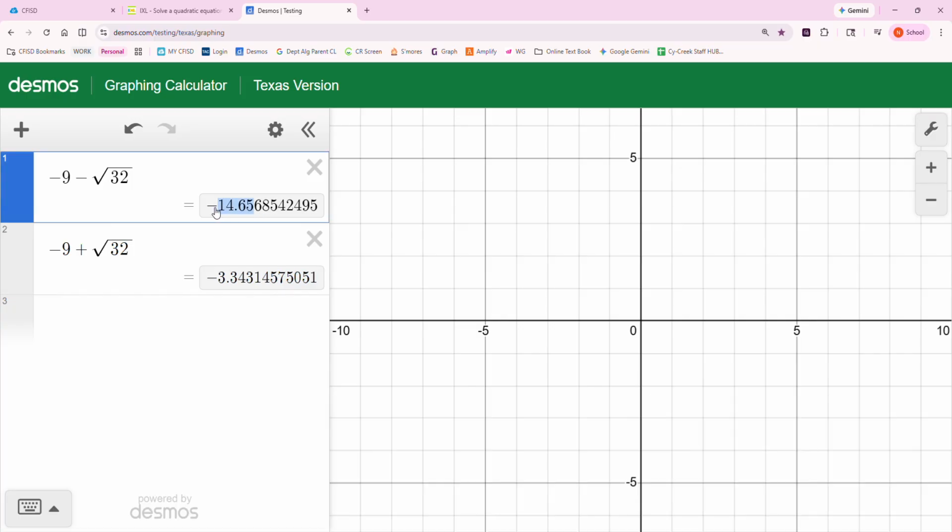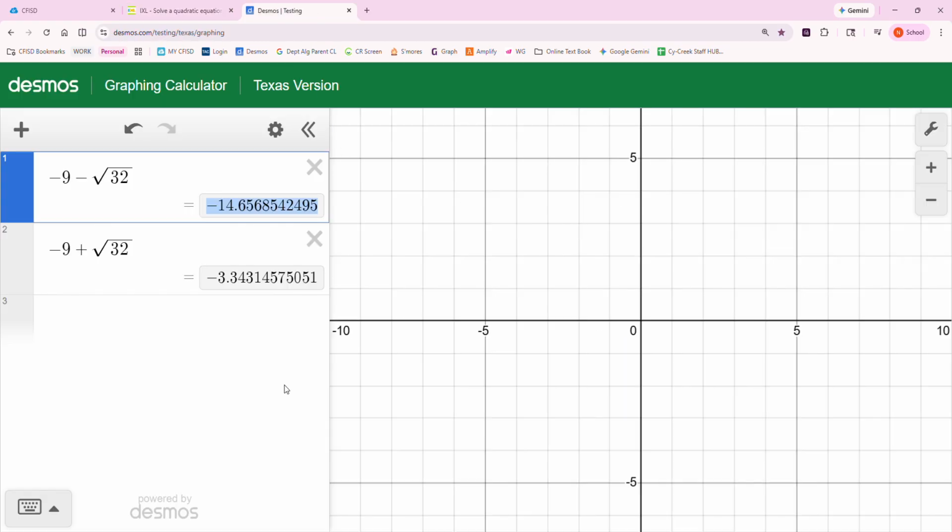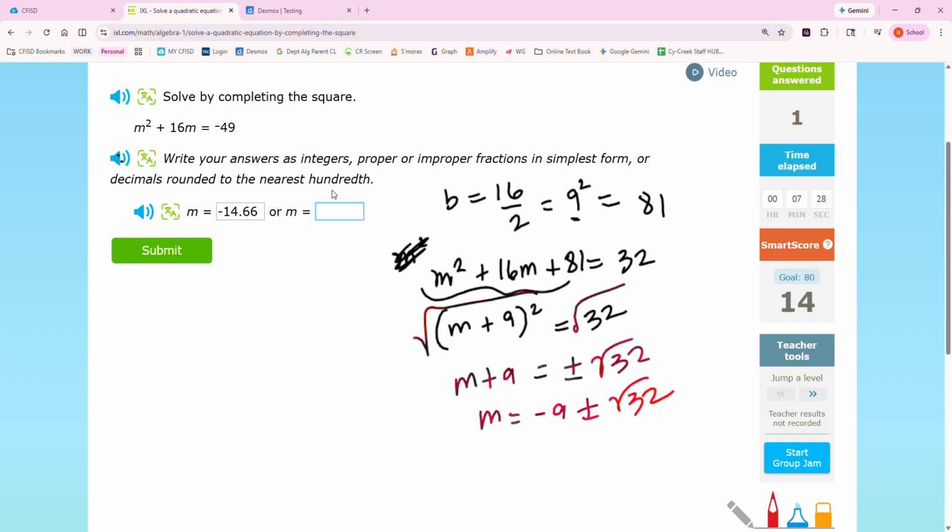Now look here, in this case, that 6 bumps this 5 up, so that would be negative 14.66. But because the next digit 3 is below 5, that 4 stays, so that's negative 3.34.